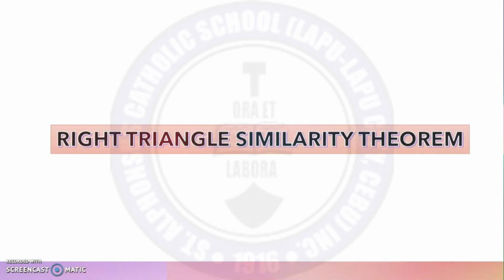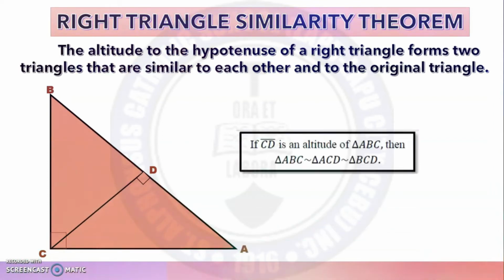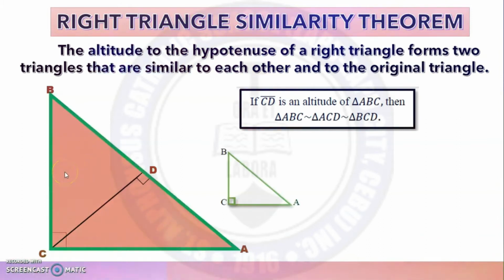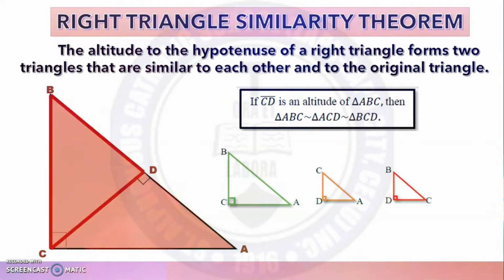For example, in right triangle ABC, a line from the right angle going to the other side of the triangle that forms a right angle is called the altitude. So we can conclude from the theorem that if CD is an altitude of triangle ABC, then triangle ABC is similar to triangle ACD, and it's also similar to triangle BCD.